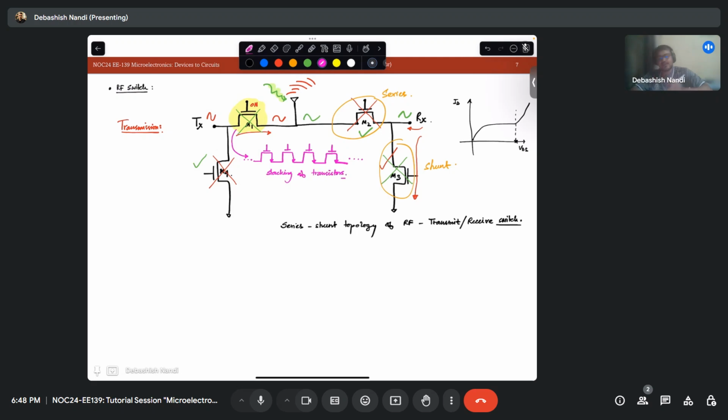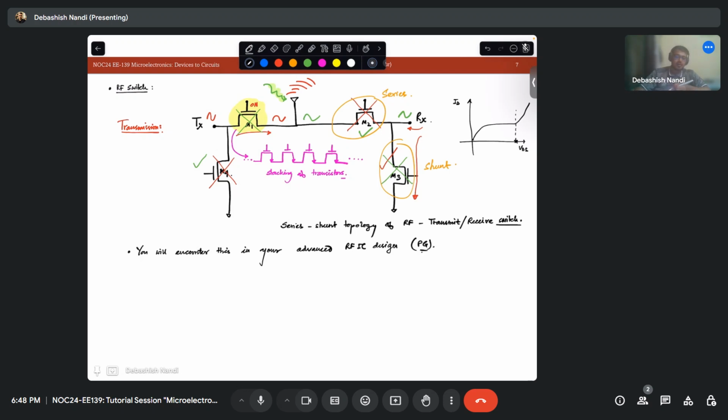So this is one of the examples where this kind of topology is used. You will encounter this in your advanced RFIC design in your PG.